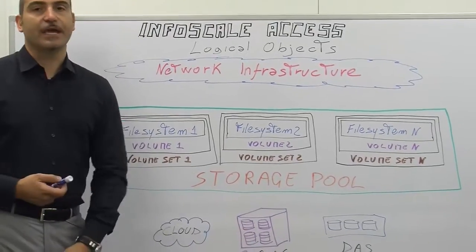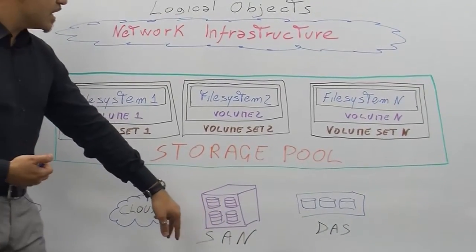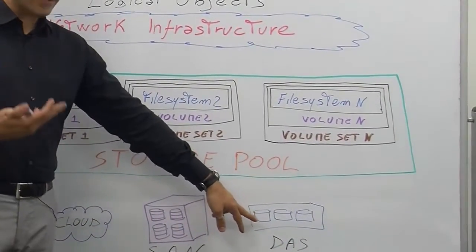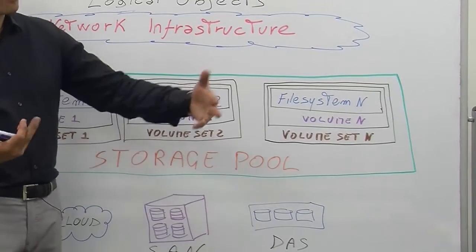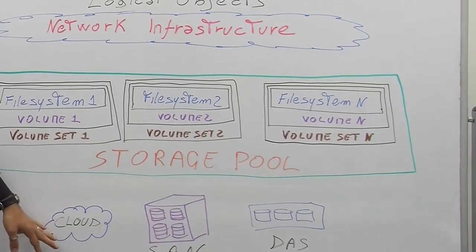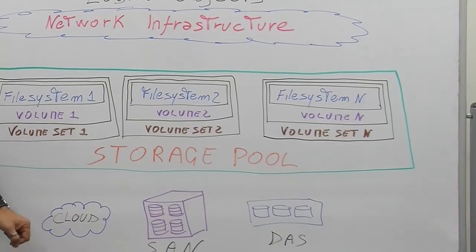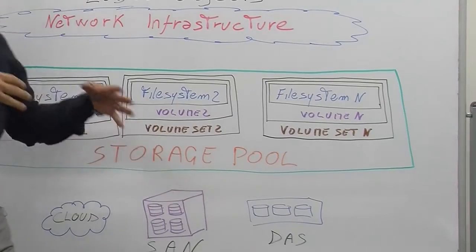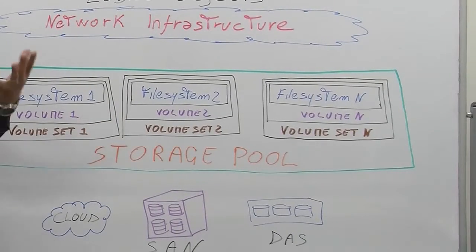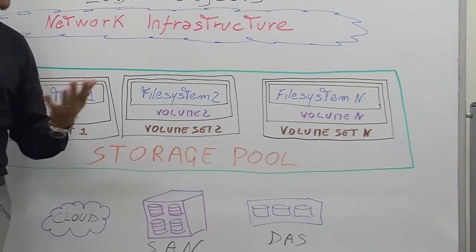It doesn't matter if they are SAN-based or in an array, if they are directly attached to the servers, so in an FSS configuration, or if they are disks that are in the cloud. Well, they will be used, put together, and you have to create the first logical object, the storage pool.